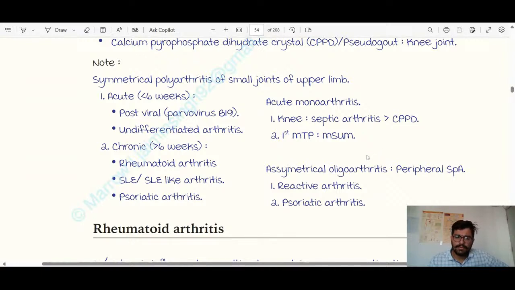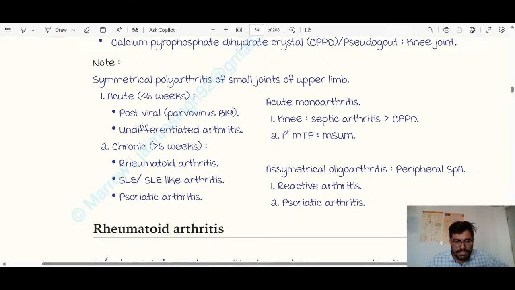Note symmetrical polyarthritis of small joints of the upper limb. Less than 6 weeks is acute; more than 6 weeks is chronic. So what is acute? Acute includes post-viral, parvovirus B19, and undifferentiated arthritis. These are all acute forms.